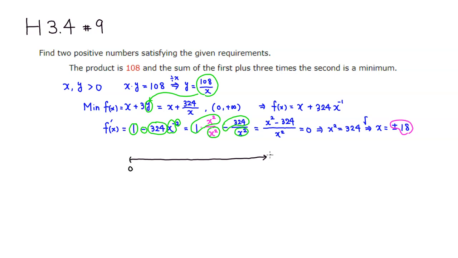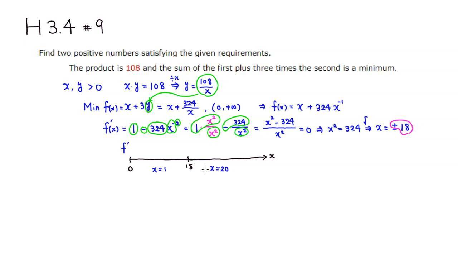Then the only positive critical number is 18, so I'm going to put tick marks for 18 there, right? Then we're going to look at the sign of f prime. Any number between 0 and 18, I like 1, so I'll try that. And any number bigger than 18, 20 maybe, so we're going to try that.